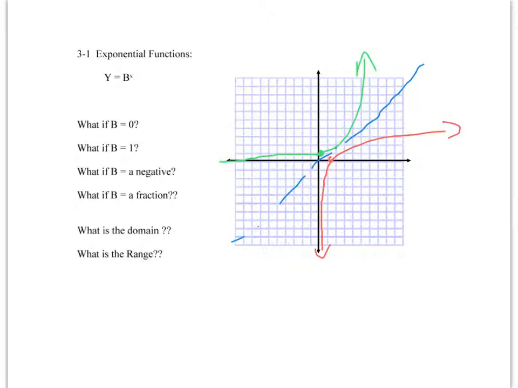Just like in an exponential function, the base of a log cannot be 0, it cannot be 1, it cannot be negative. If the logarithmic base is a fraction, then our graph is going to be this thing. I'm not going to draw it, but it's the same idea. It hugs the positive y-axis, goes through the point 1, 0, and then it shoots off to the right.